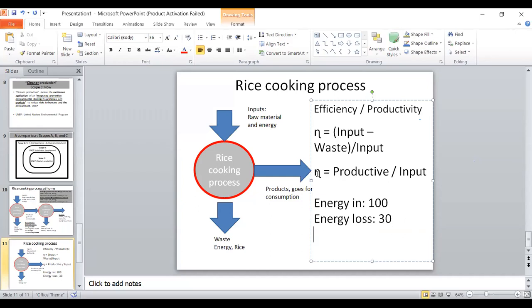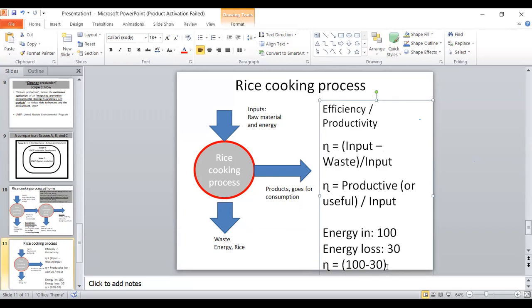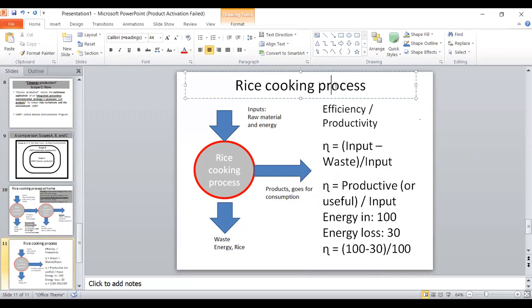Energy efficiency or productivity: using 100, loss 30 means this much only is productive or useful, divided by 100. So that is 70%. So you can say this kind of thing.